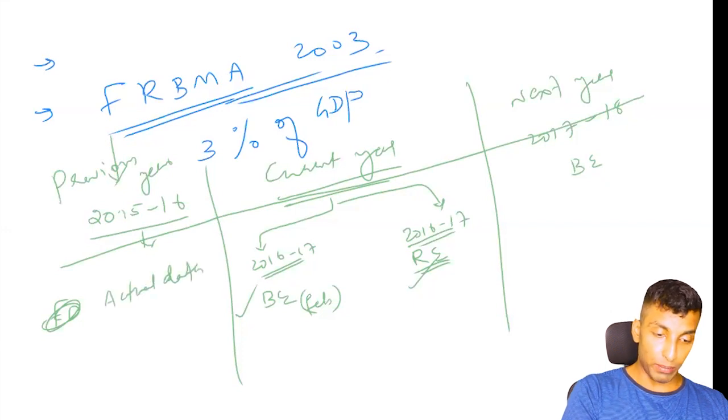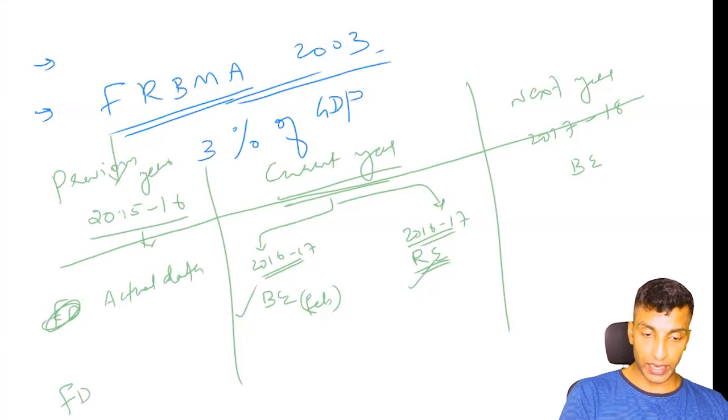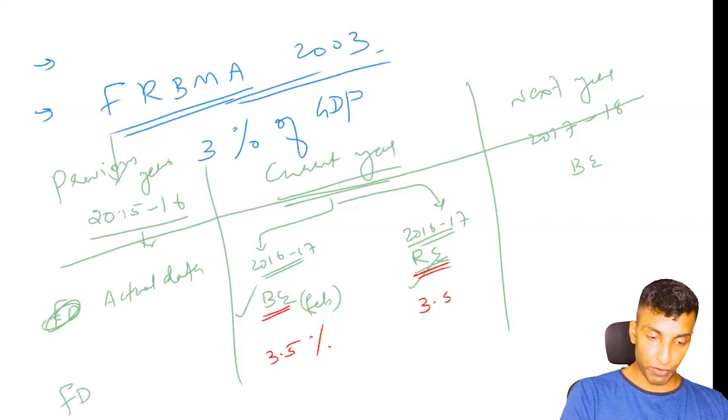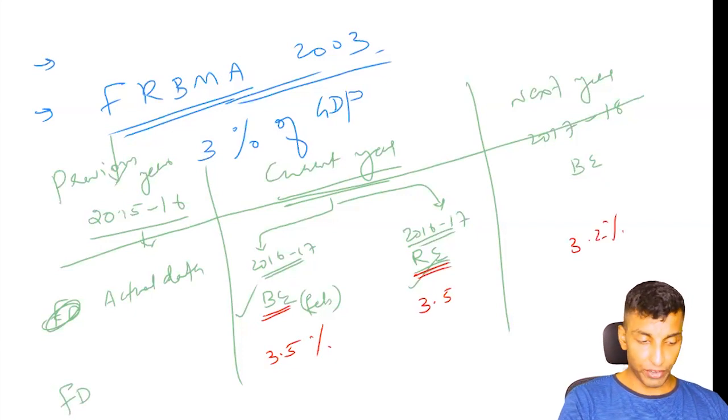Whatever it is, fiscal deficit, actual data will be available. So here you have two, budget estimate and then revised estimate. Let's say this is 3.5, actual value only, and revised also was 3.5, and the estimate for next year was 3.2%. Now it will definitely increase.